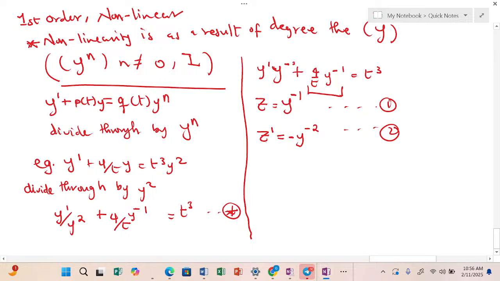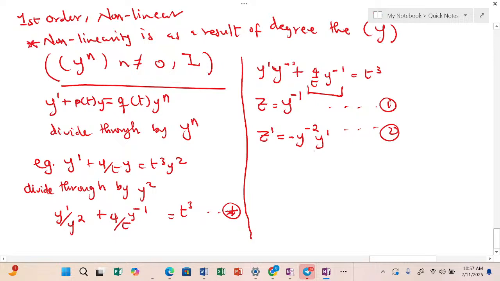But mind you, we don't just differentiate z, we differentiate z implicitly. So in differentiating this particular z, we get negative y to the power negative 2 times y prime, because we differentiated implicitly.